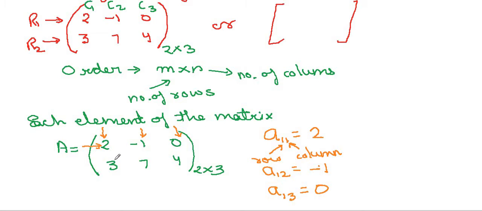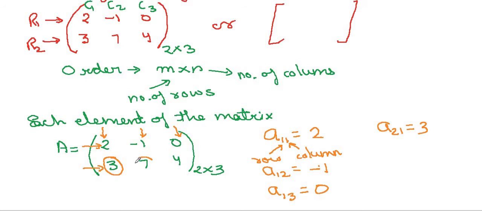Now what should be the address of this 3? 3 is at the intersection of second row and first column, so we will write a21. Second row, first column is 3.